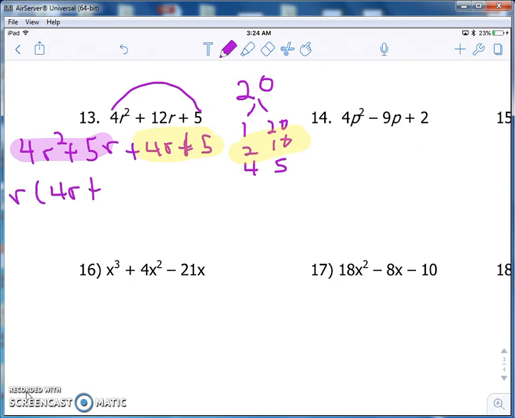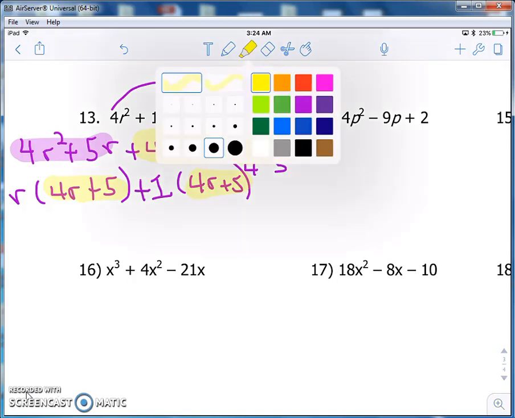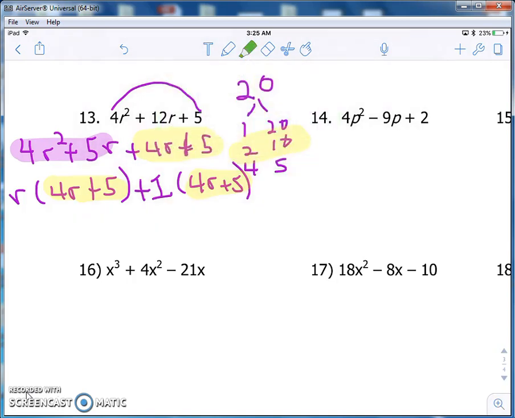We get 4r plus 5. And what we notice is that if this parentheses is the same as what's left over, sometimes it's helpful to write a 1 out front. I wouldn't say you're technically factoring out a 1, but we notice that the parentheses are the same. That 1 is useful when we make our second set of parentheses, and we'll get to that.